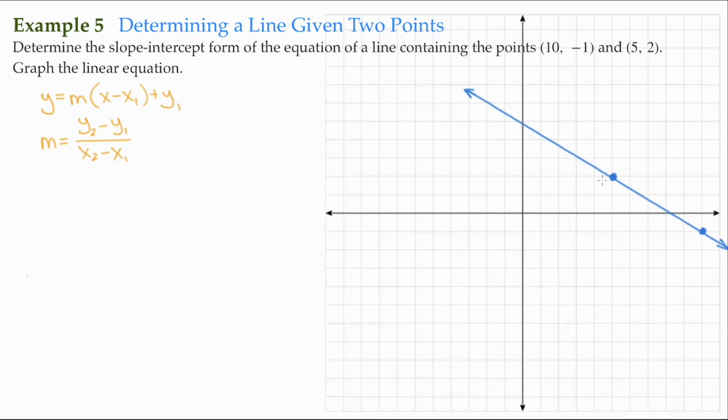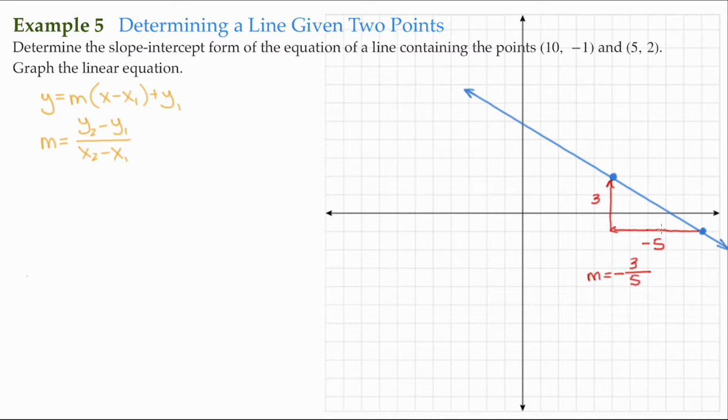Now, if we graphed it accurately enough, if you have graph paper or grid paper of some sort, we could see that if this is (10, -1) here and this is (5, 2) here, if we come back 1, 2, 3, 4, 5 and then go up 1, 2, 3, we can see that our slope is -3/5, the rise over the run. Back 5, up 3.